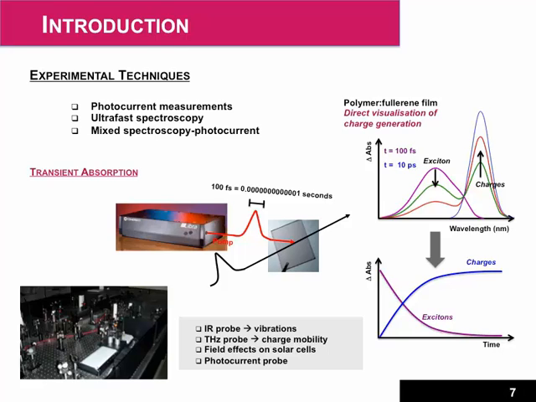We can look at field effects if we work in solar cells. I'll tell you more about that later. And we can also probe with photocurrent instead of probing with lasers. In general, I always feel that it's a very good idea to use many complementary techniques to really compare the results, because you get a much more rounded and much clearer picture than if you just use one technique.